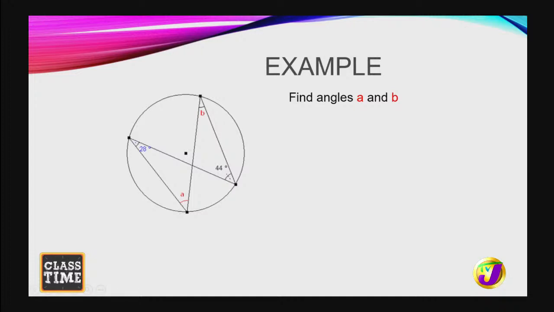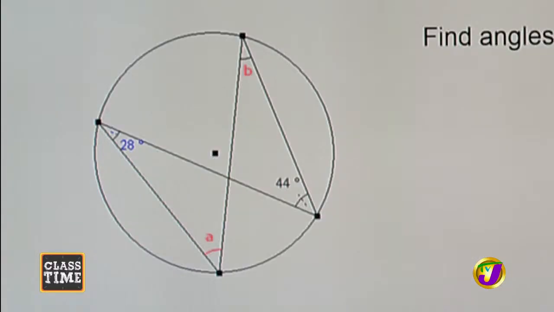So looking at this diagram, I'm asked to find angle A and angle B. I'm going to take a guess, Mr. Brown. I'm going to say that angle A measures 44 degrees. Why would you say that, Brittany?